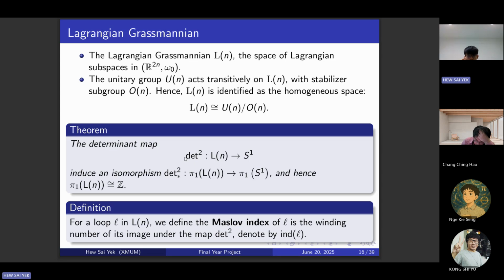The determinant squared map gives an isomorphism of the fundamental group of it with the integers. Hence the fundamental group of the Lagrangian Grassmannian is Z. For a loop in the Lagrangian Grassmannian, we define the Maslov index of it as the winding number of its image under the determinant squared map.